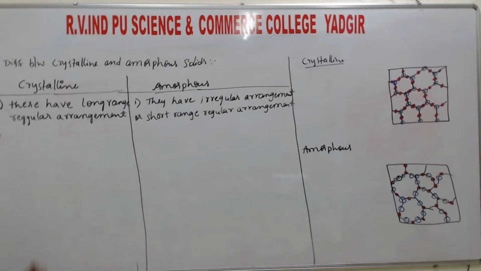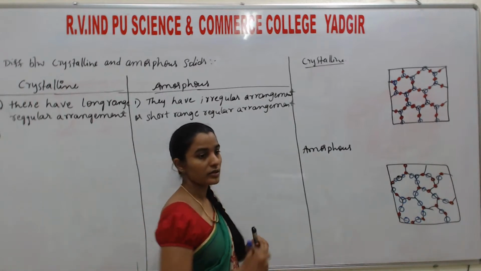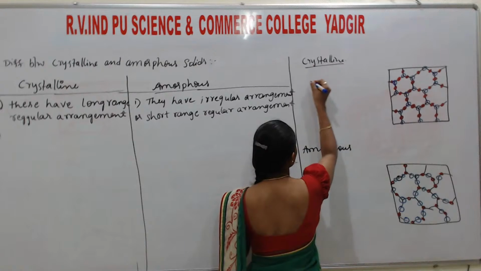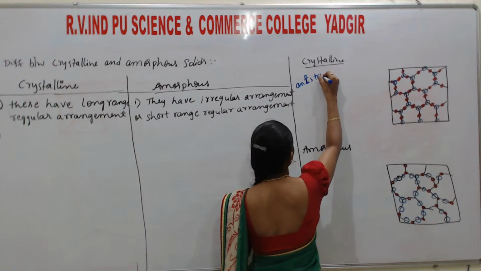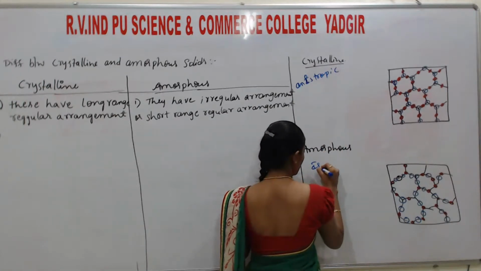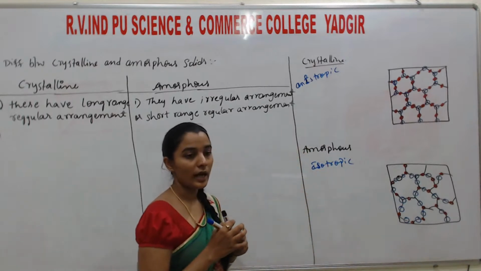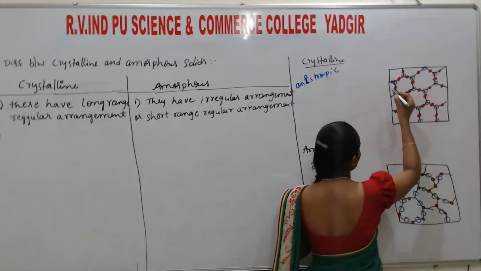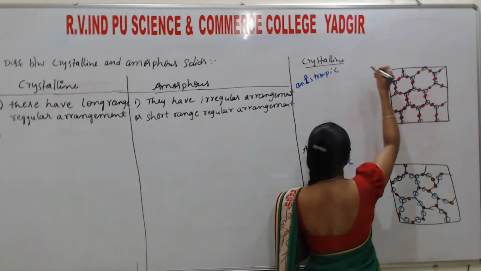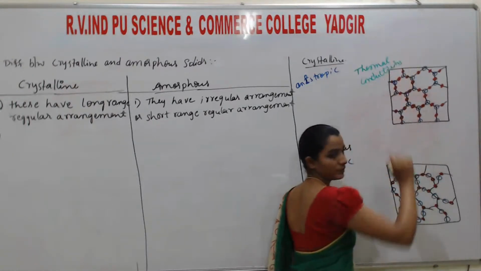Next, second one. Listen, as we compare these structures, this one is anisotropic in nature. This one is isotropic in nature. What is the reason for anisotropic and isotropic? Listen, if we use thermal conductivity as an example, take thermal conductivity, heat.